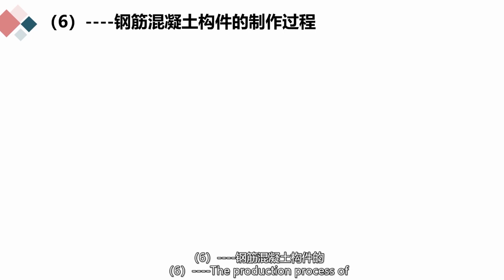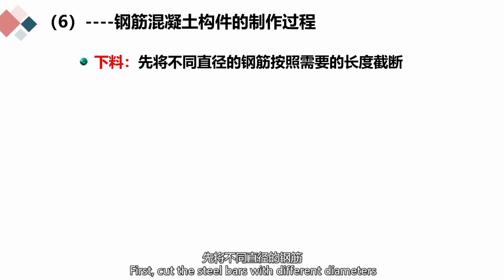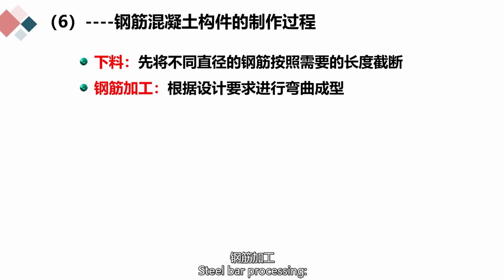6. The production process of reinforced concrete members is divided into blanking, steel bar processing, steel bar installation, pouring and curing. Blanking. First, cut the steel bars with different diameters, according to the required lengths. Steel bar processing. According to the design requirements, carry out bending and forming.